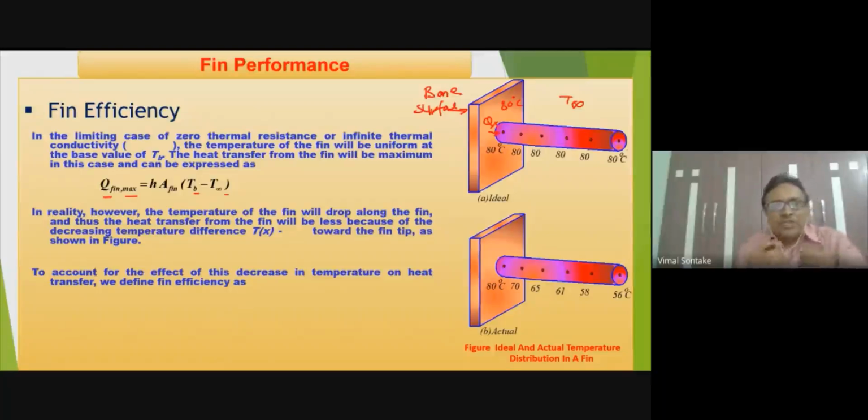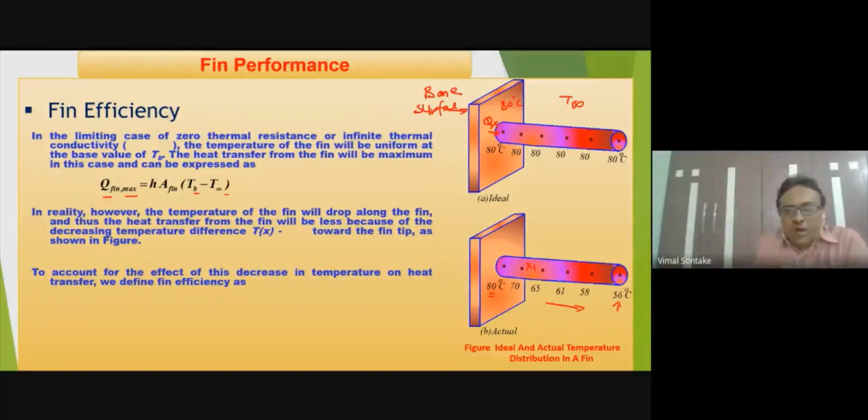And because of this thermal resistance and finite thermal conductivity, the temperature of the fin, as you can see here in case B, will gradually diminish along the length of the fin. If the base surface is at 80 degrees Celsius, the temperature at this distance x1 will be 70 degrees Celsius, will go on diminishing, and for example at the tip it will be 56 degrees Celsius.